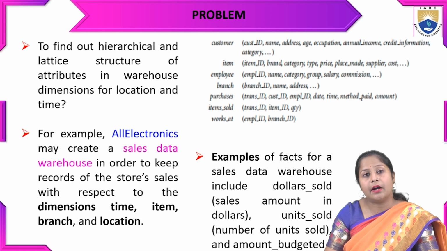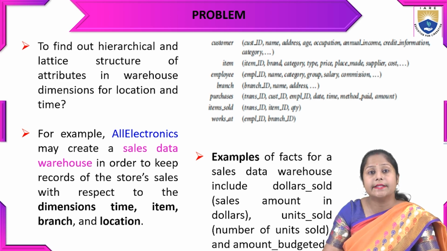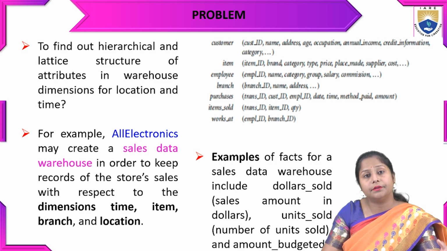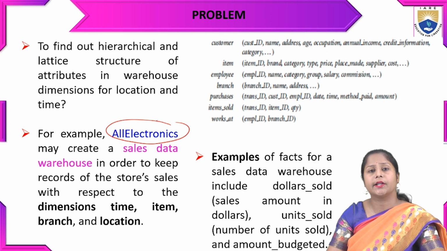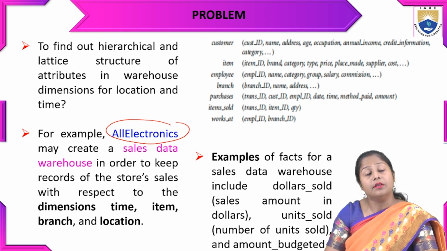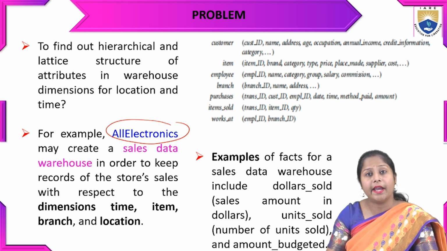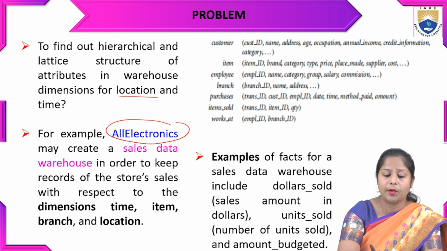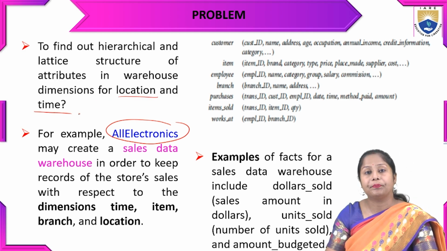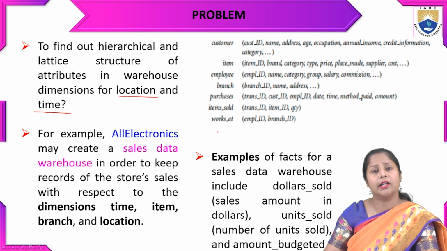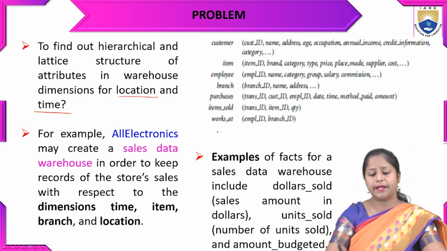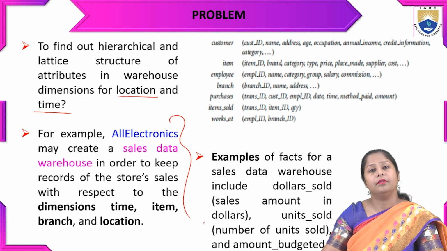So in the warehouse, suppose one example is there, one data table, AllElectronics, a famous table. In that we take the dimensions location as well as time, right? So if this AllElectronics table is there, it can create a sales data warehouse.